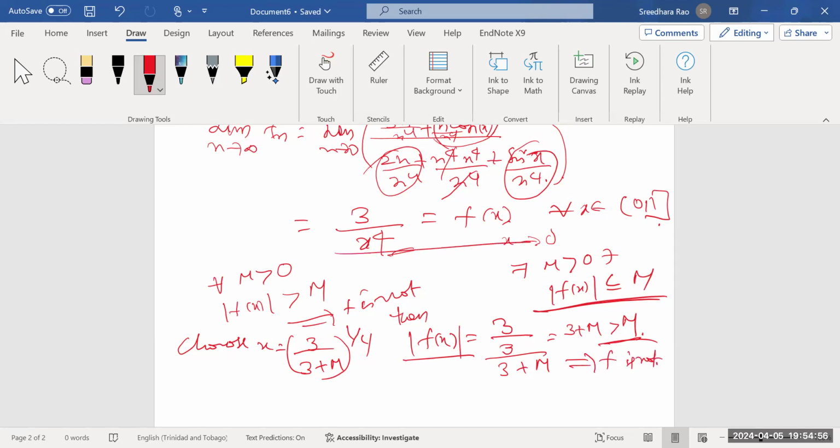Even the earlier argument is also true, but showing that f is not bounded this way is a formal approach. You can also say here, as x approaches 0, f is unbounded. You can also write it that way. So this is another technique.